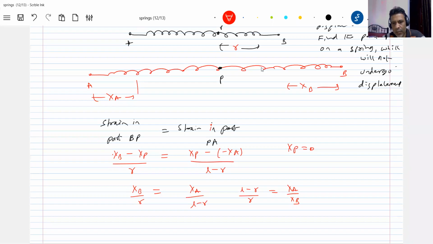So R equals XB L by XA plus XB. This is the location of the point which will be at rest, at this particular distance from the end B.